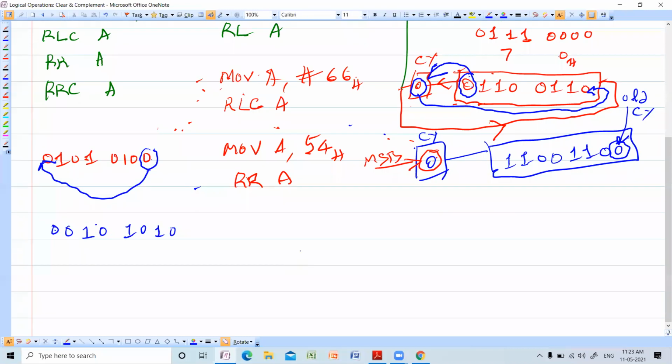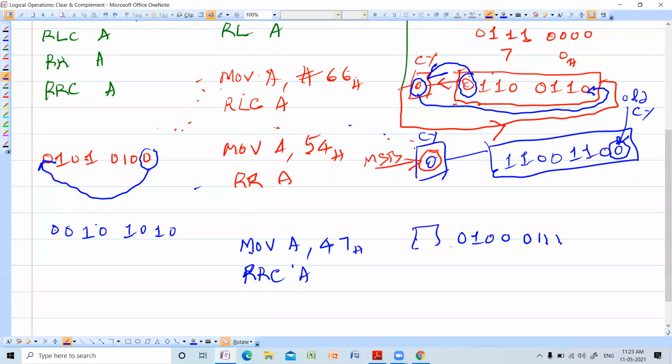Next, MOV A, #47H, and if you say RRCA, what will happen? 47 is this, and this is your carry flag.